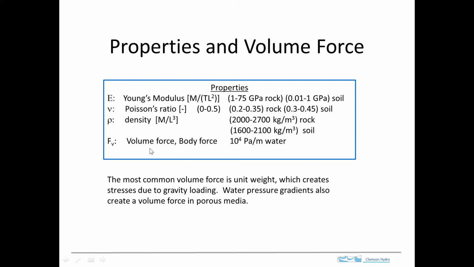And then if we're interested in what happens if the body is loaded by gravity, then we need the volume force or the body force, and this is typically going to be the unit weight of the material. We'll see that there are other possibilities, but for this week, we'll just really be concerned with the volume force being the unit weight of the material.